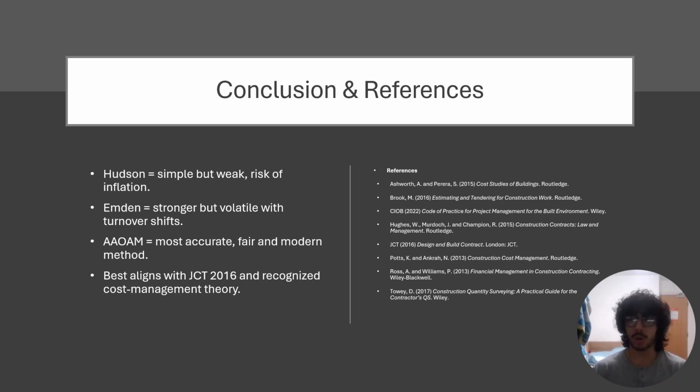The AAOAM method offers the most balanced solution by combining actual overhead, weighted turnover, and project complexity into a transparent and contractually defensible model. It aligns with modern quantity surveying practice, recognized academic theory, and JCT DB 2016 requirements.